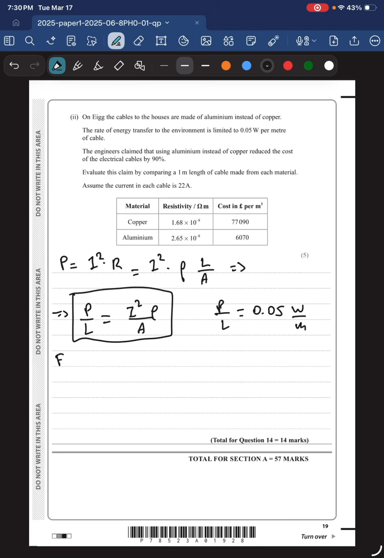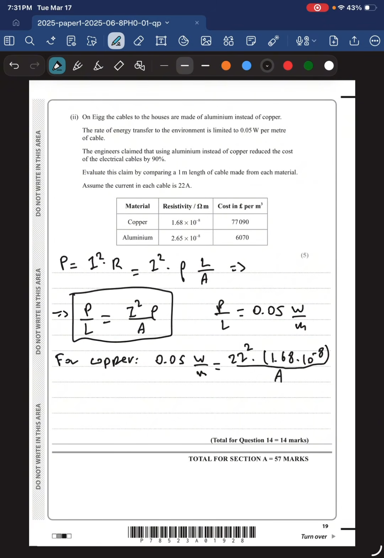So for copper, we have 0.05 watts per meter, and this is equal to I squared, which is 22 squared, times the resistivity of copper, which is 1.68 times 10 to the negative 8, over the area.